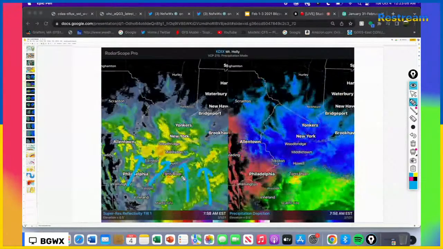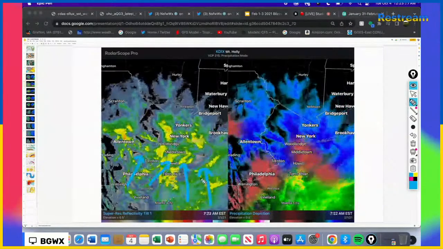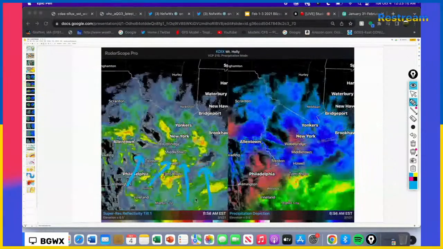That's a pretty visible difference. Once we start to back the flow of the moisture, that's a pretty visible difference that our trough has gone negative.